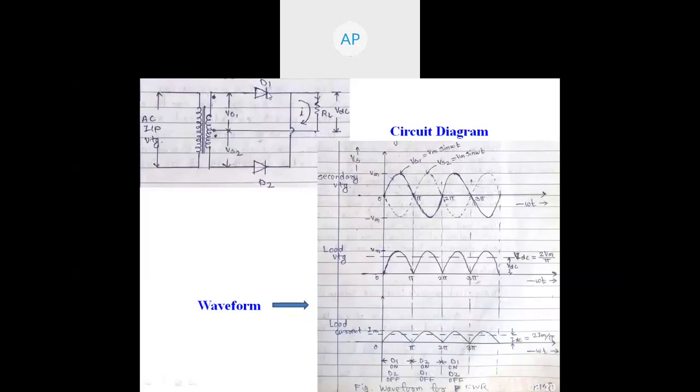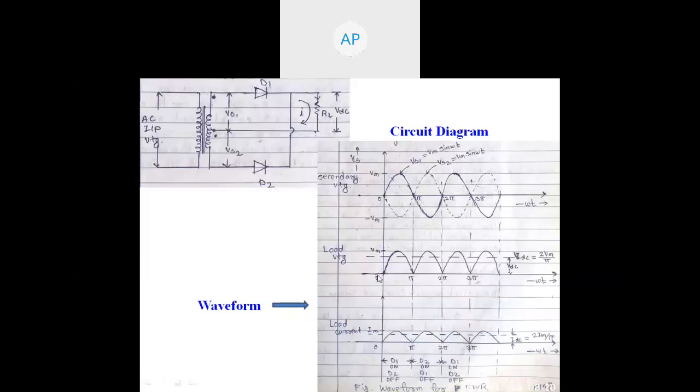During the positive half cycle D1 is conducting, and during the negative half cycle D2 is conducting. D1 remains off for pi to 2 pi, and D2 remains off for interval 0 to pi, which is represented like this. So this is the working operation associated with a full wave rectifier.